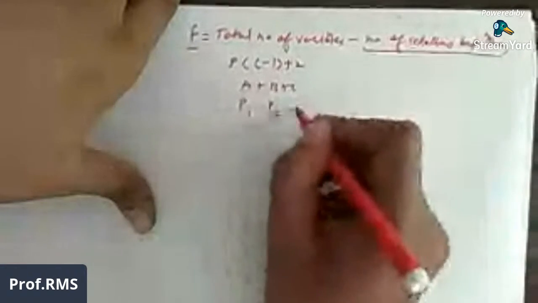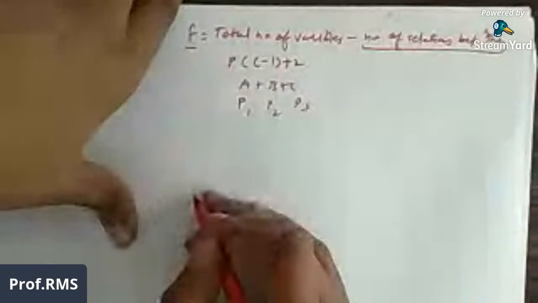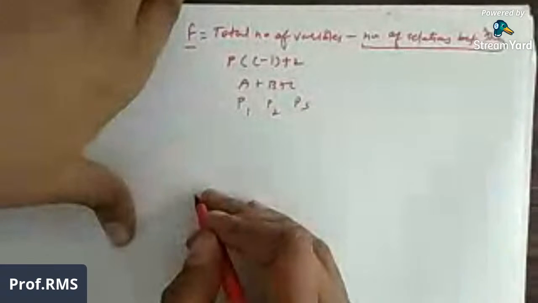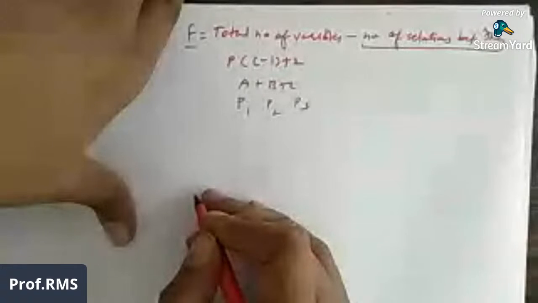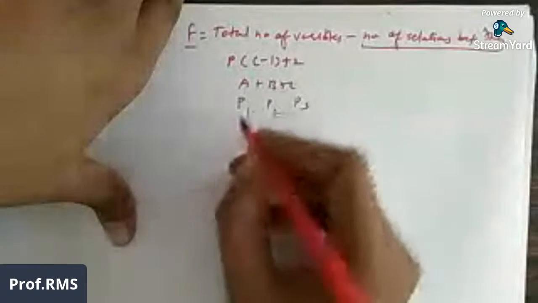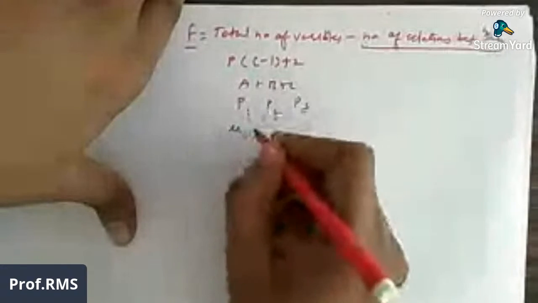Suppose we have considered a system A plus B plus C which has three phases P1, P2, P3. As per chemical equilibrium, according to the thermodynamics law, the chemical potential for each phase should be equal. From this chemical potential we get two equations, and we need two equations to solve this.